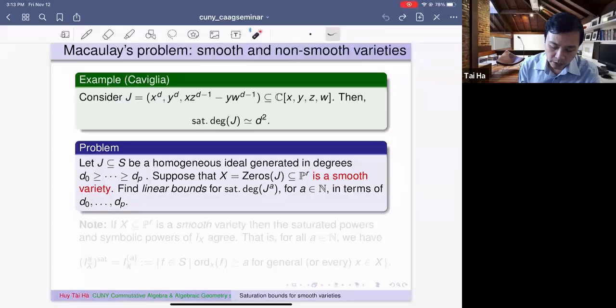Now, why do we want to add this smoothness condition?